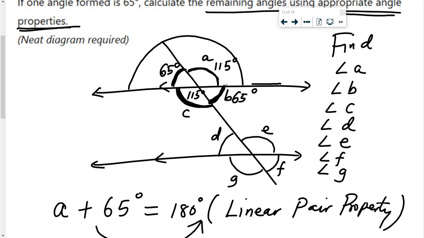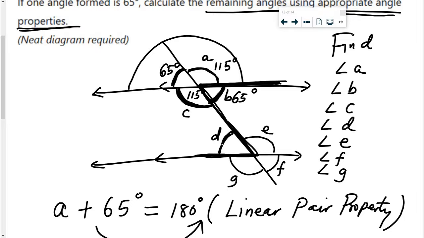Can we find angle D? Yes, we can. Look at this, Z. If this is 65, also this will be 65. Z. Can you see that? That is Z, which suggests alternate angles are equal.